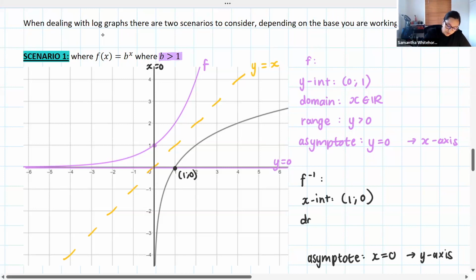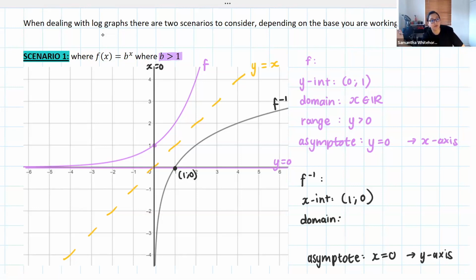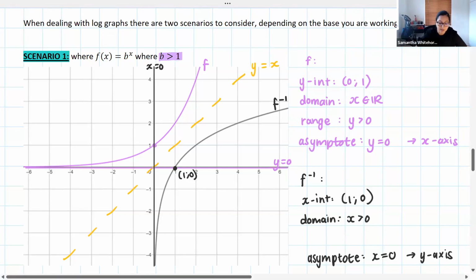If we go to our domain, looking at the inverse function, this graph only exists from our y-axis to positive infinity on x. So it only exists for all the positive values of x, and that's because of where that vertical asymptote sits. So here my domain is actually x greater than 0.